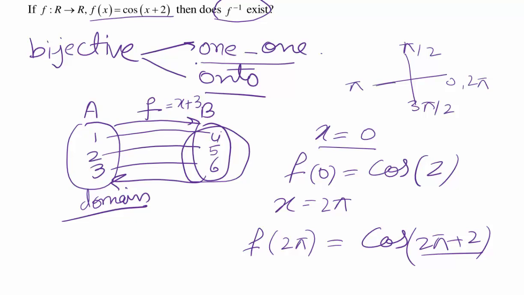Pi axis and 2 pi axis do not change the function, and 2 pi + 2 comes in the first quadrant. So it will be positive first, and the cos function will remain the cos function, so it is equal to cos 2. So we have two different inputs, 0 and 2 pi, and we have the same output.